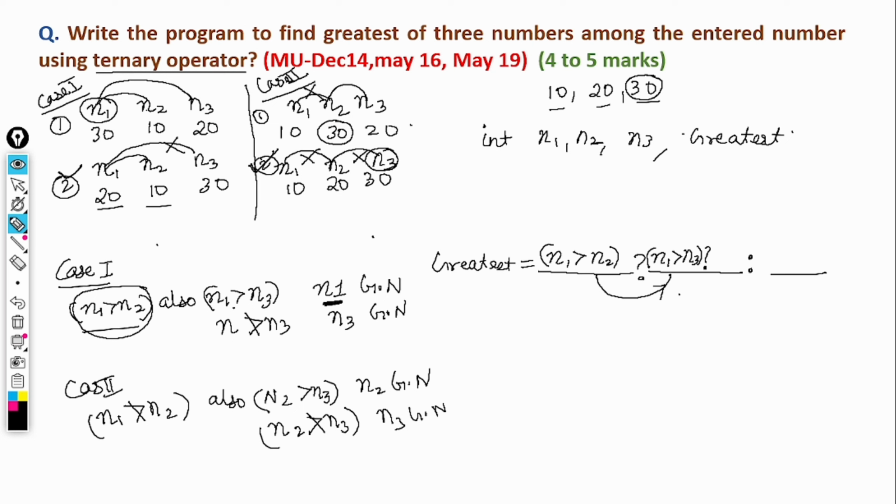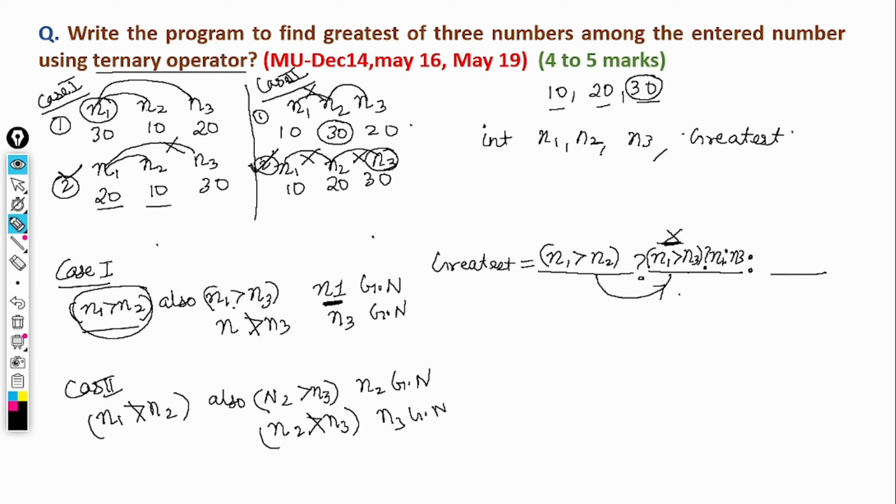So if n1 is greater than n3, n1 is the greatest number, so I am writing n1 over here. But if this particular statement is false, then what should be operated? Whatever is written after the colon should be operated, which is n3 is the greatest.